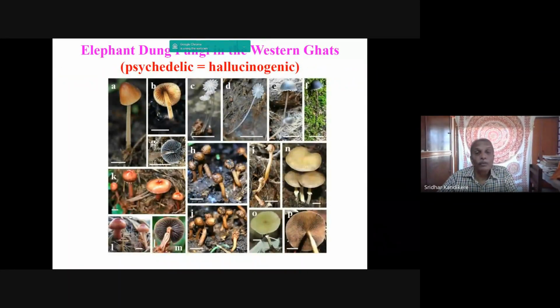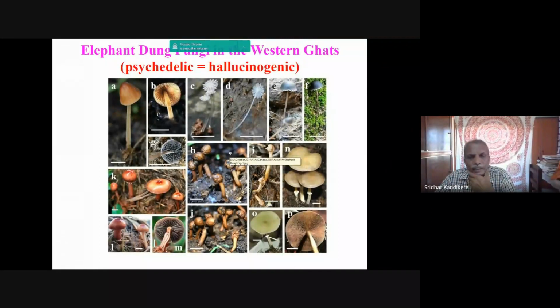So now let us look into this diagram. It shows that several mushrooms are growing on the elephant dung in the Western Ghats region. We have taken some of the pictures. Not all of them are hallucinogenic or psychedelic, but very few of them are.